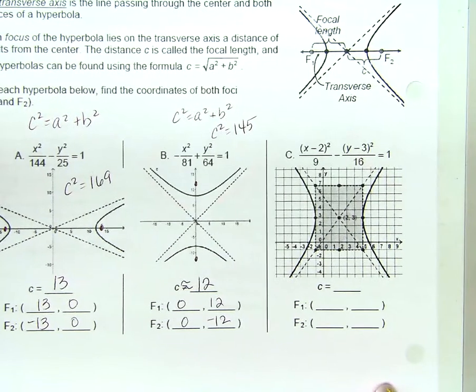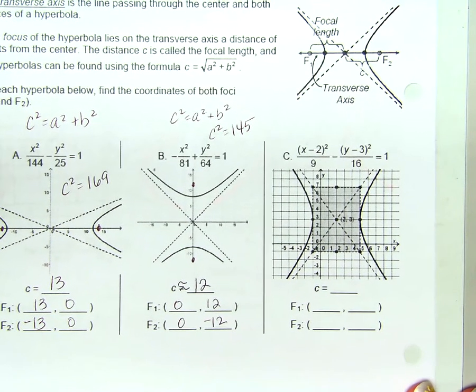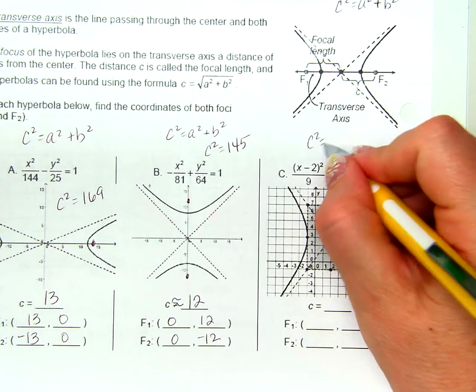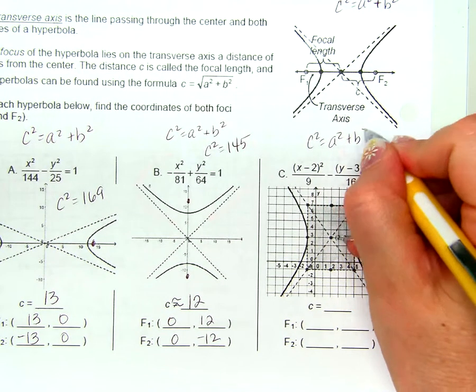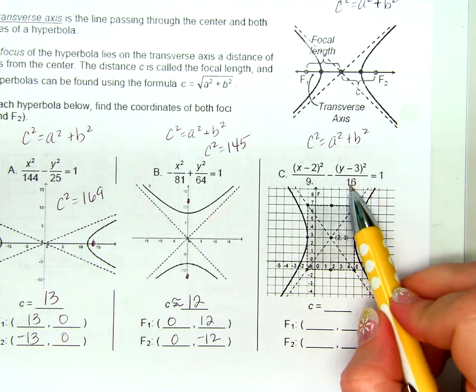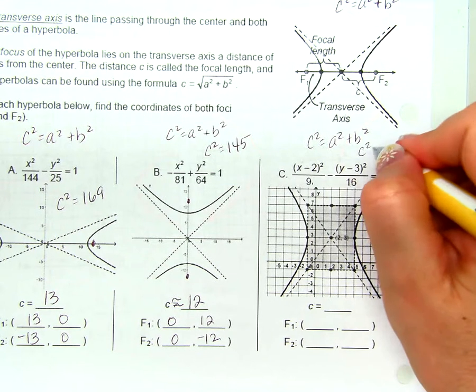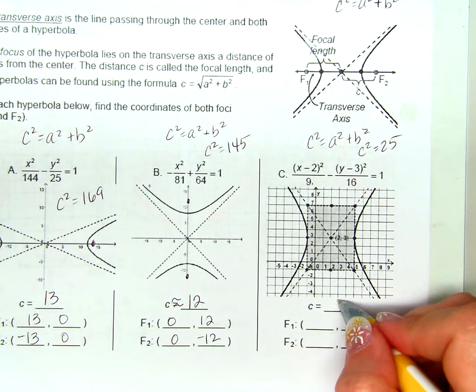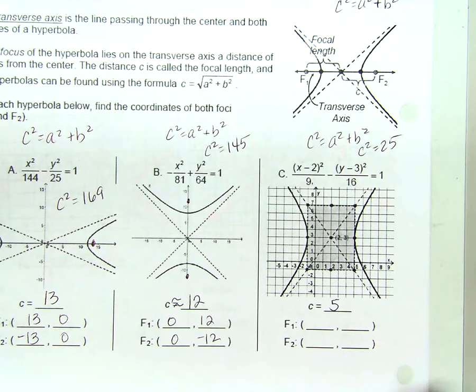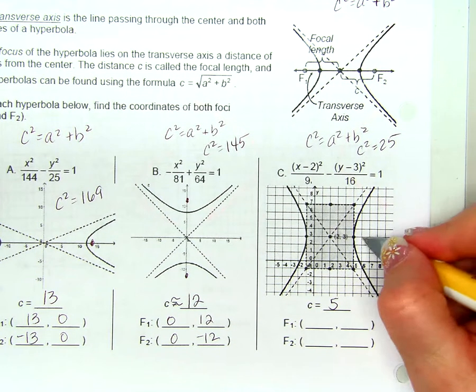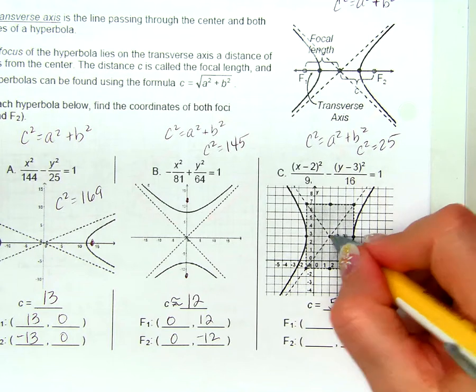So here is the hard one. c squared equals a squared plus b squared. What is a squared plus b squared? c squared is 25. What does that make c? 5. Where are the foci? From the center, I go which direction?